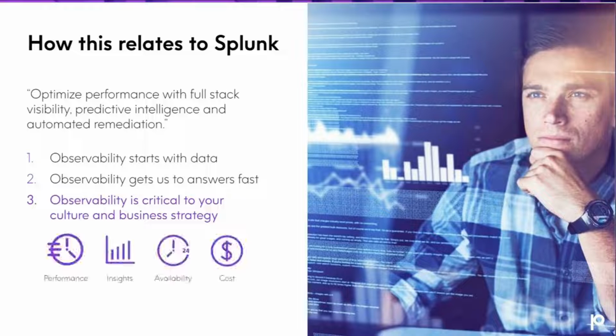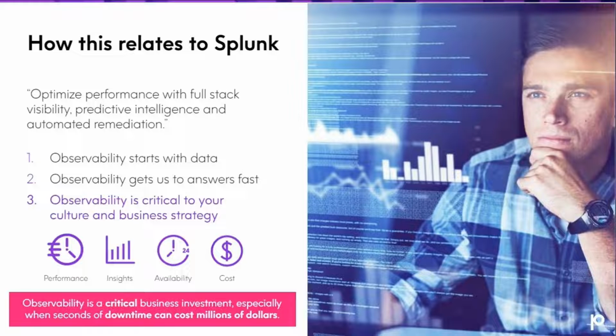And today, IT is all about these core values. I'm not saying this is a definitive list, but it comes down to really these four things: performance, insights, availability, and costs. Each is important in its own right, but we need to deliver on all of them. And probably the one with the most focus is cost.